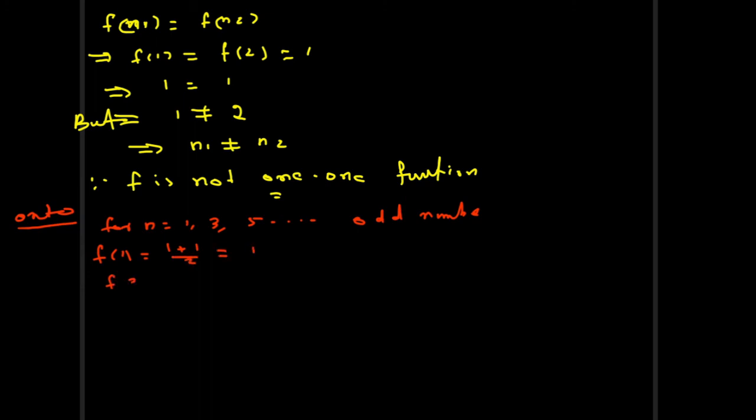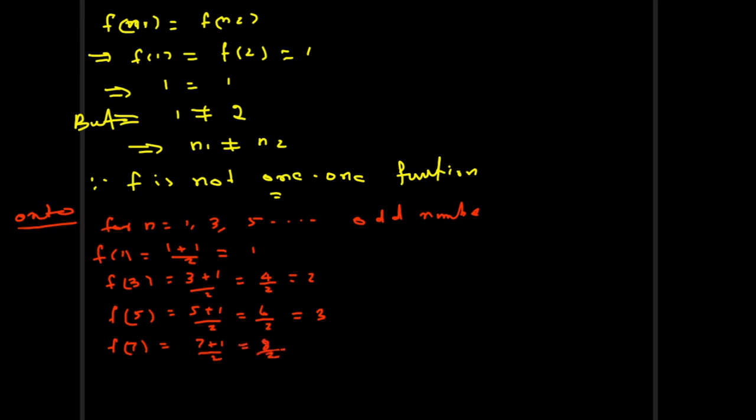Then f of 3 equals 3 plus 1 by 2, that is 4 by 2 equals 2. Then f of 5 equals 5 plus 1 by 2, that is 6 by 2 equals 3. One more, f of 7 equals 7 plus 1 by 2, that is 8 by 2 equals 4, etc.